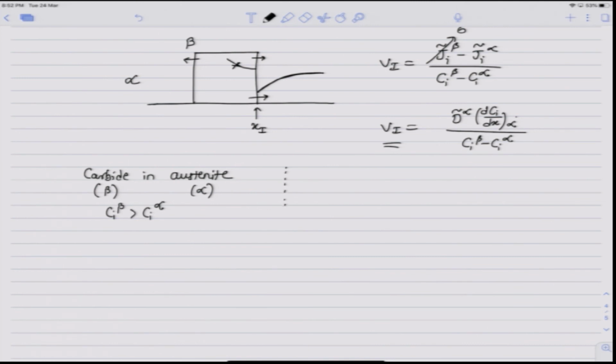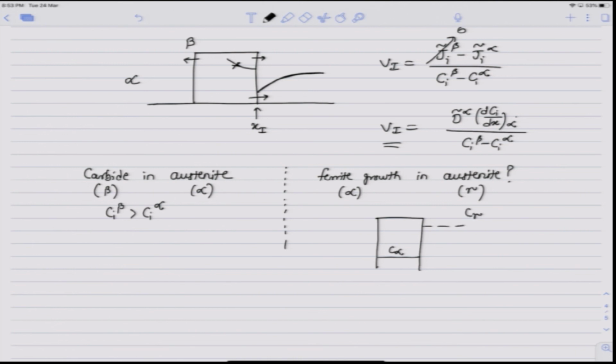What happens if ferrite is growing in austenite? Ferrite is alpha, austenite is denoted as gamma. So, in this case now ferrite has of course lower concentration of carbon than gamma, austenite.